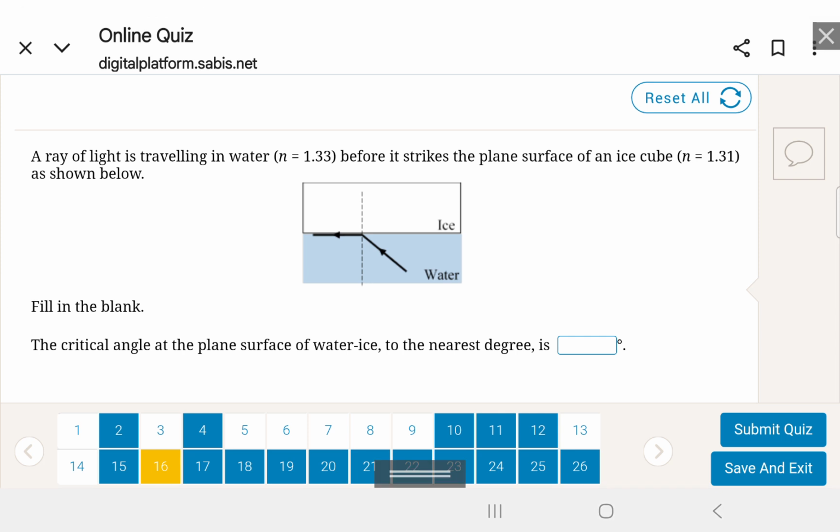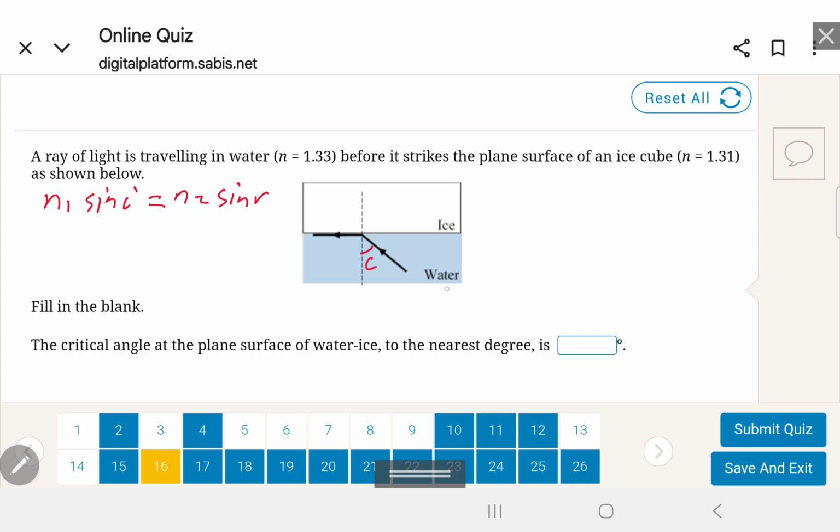So here I have to calculate the critical angle, which is the angle between the incident ray and the normal, which means the angle of incidence. So again, Snell's law, you can use it here. N1 sine i equals N2 sine r.